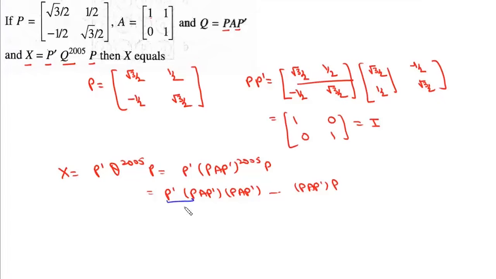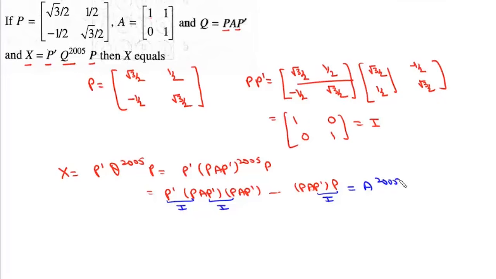So P into P dash is I. P dash into P is also I. So all of them are I. So it will be nothing but this A to the power 2005. So this X is nothing but A to the power 2005.